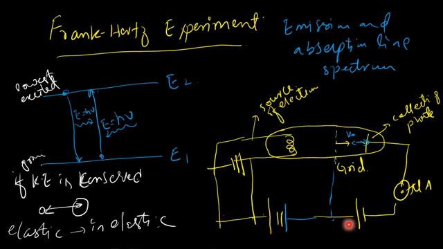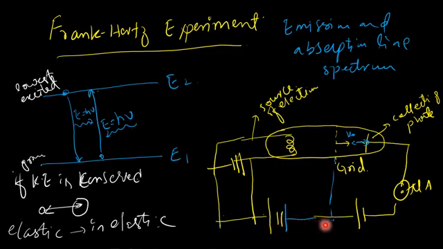But after some time there is again a sharp drop in the plate current, which is due to another inelastic collision of an electron with another atom, raising it to its lowest excited energy state. Due to this transfer of energy and excitation of the atom, there is again a drop in the plate current. So again we repeat the process.